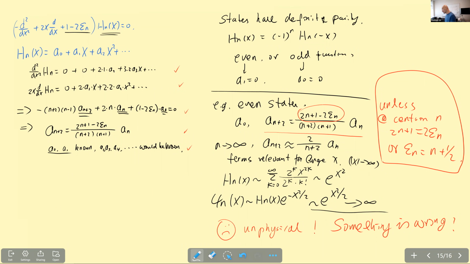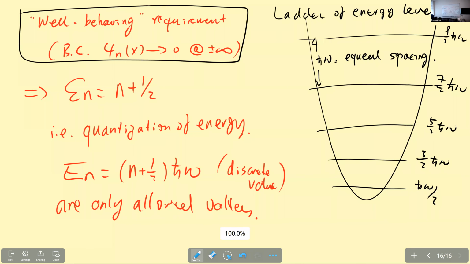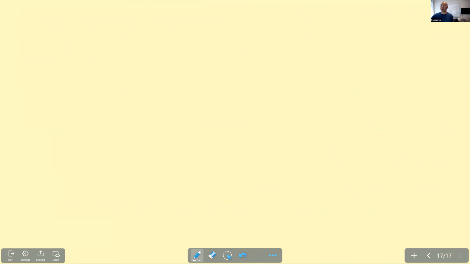Okay, and then of course, for each of these, you can actually obtain the wave functions. So the wave function is going to be determined by epsilon m equals m plus 1/2, right?